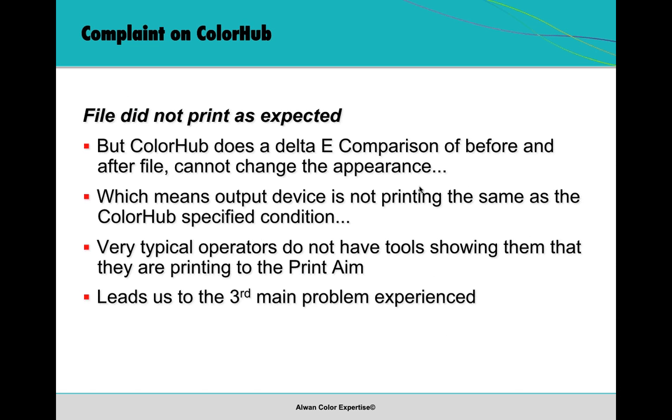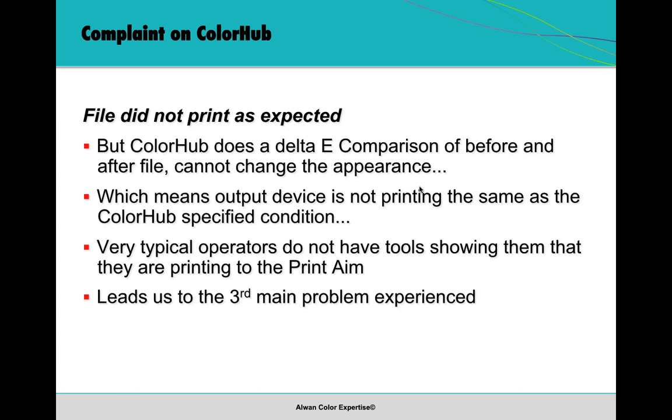Now, the number one complaint that we always got about ColorHub was that we optimized the file, but it doesn't look right, so we don't think ColorHub optimized it correctly. But as I explained, ColorHub does a very sophisticated color analysis on the file before it releases the file.